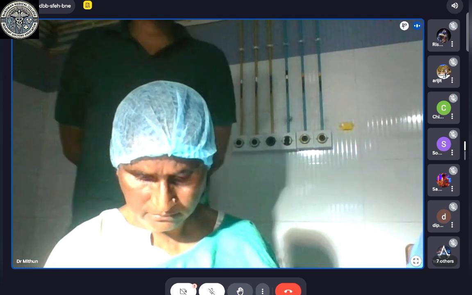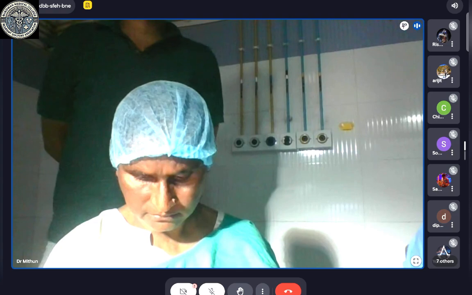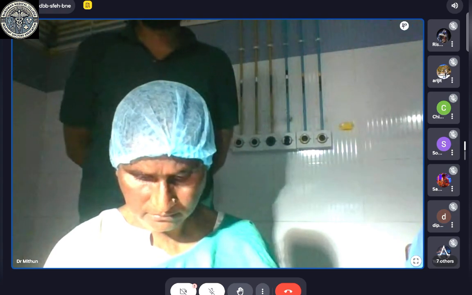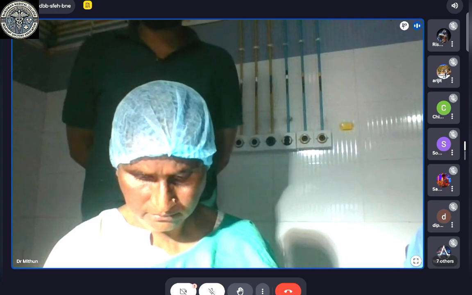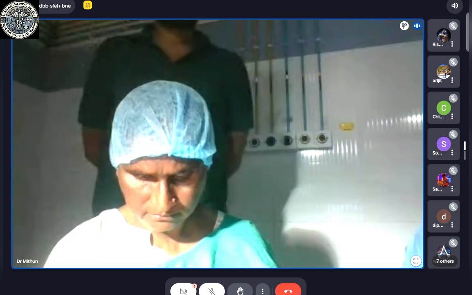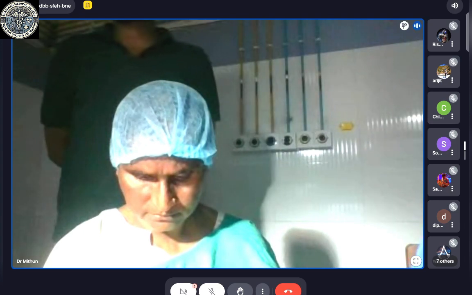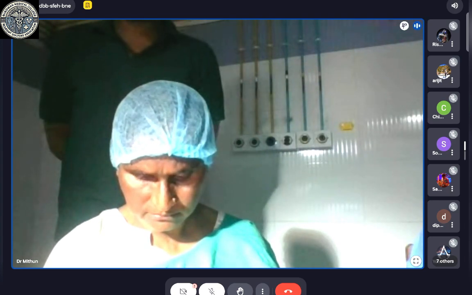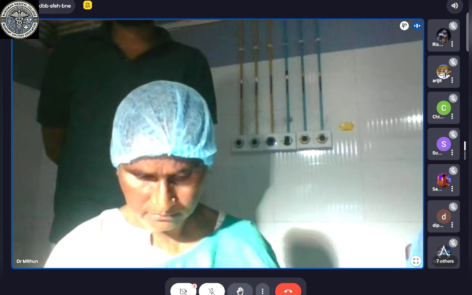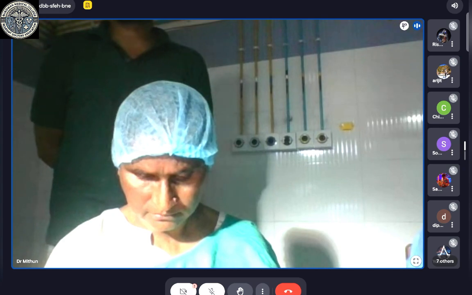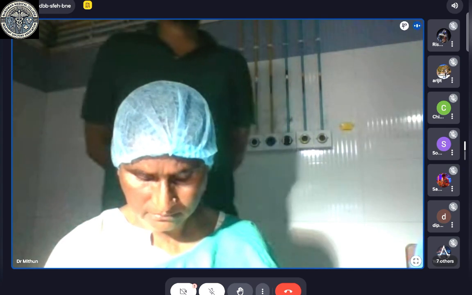In addition to that, you have to tell about temperature, tenderness, assessment of nodularity, mobility or movement of the swelling, along with assessment of the underlying structure compression and assessment of the lymph nodes. Keep it in mind, until and unless you palpate the neck nodes, your neck examination is not finished at all. So be careful, your palpation should include palpation of the neck nodes.